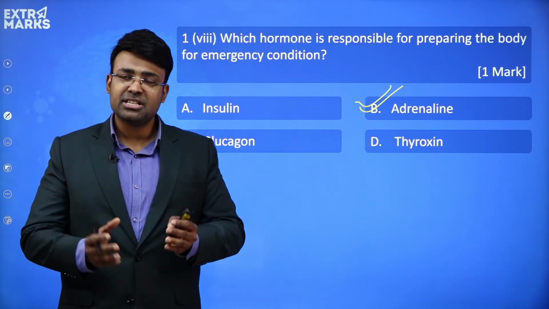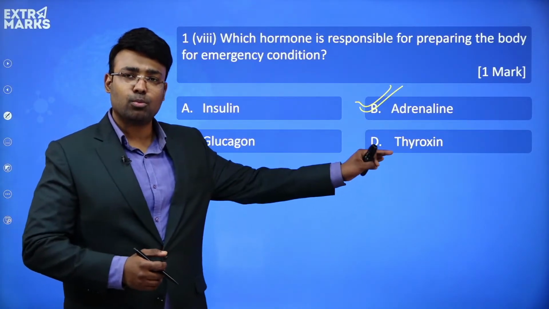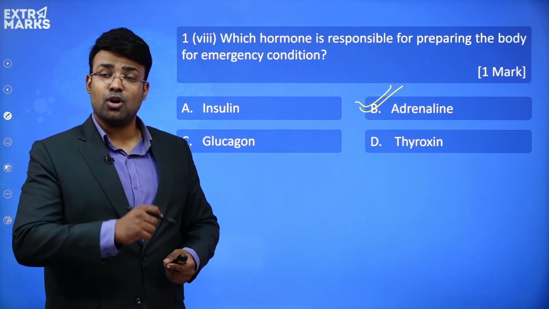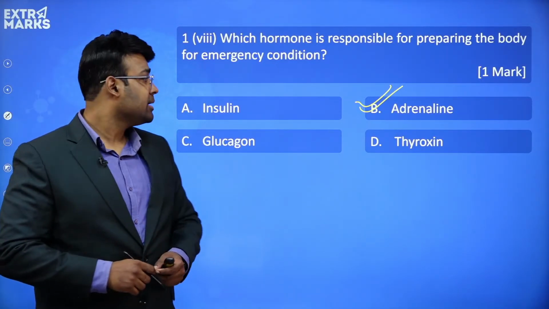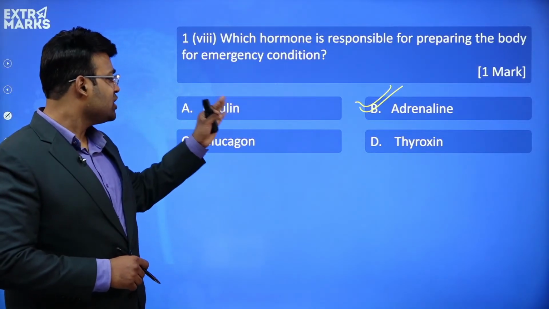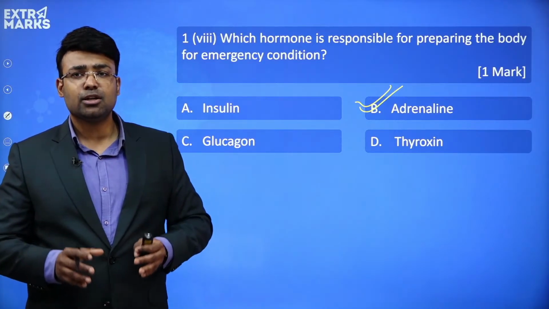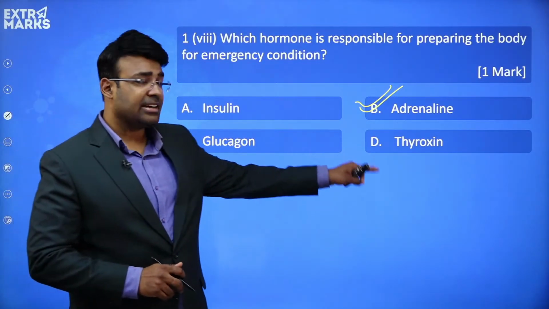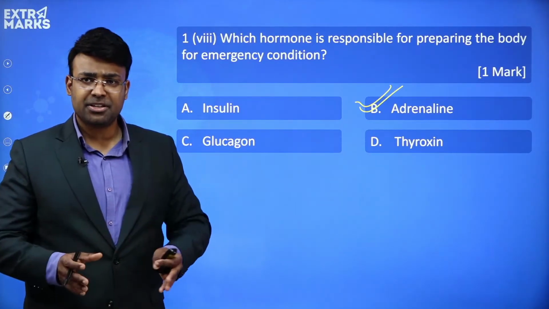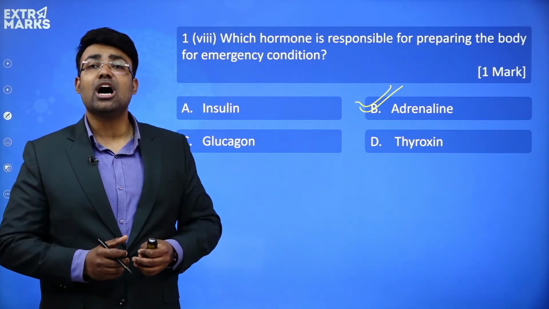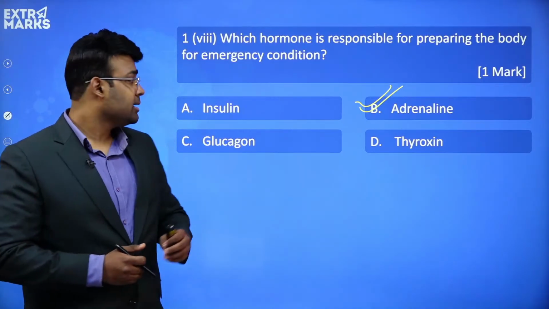A lot of changes happen in the body because of the hormone adrenaline, like the dilation of the pupil and the constriction of the blood vessels. While the other hormones like insulin, glucagon and thyroxine are involved in maintaining metabolism. Thyroxine maintains the basal metabolism, while insulin and glucagon help in glucose homeostasis.